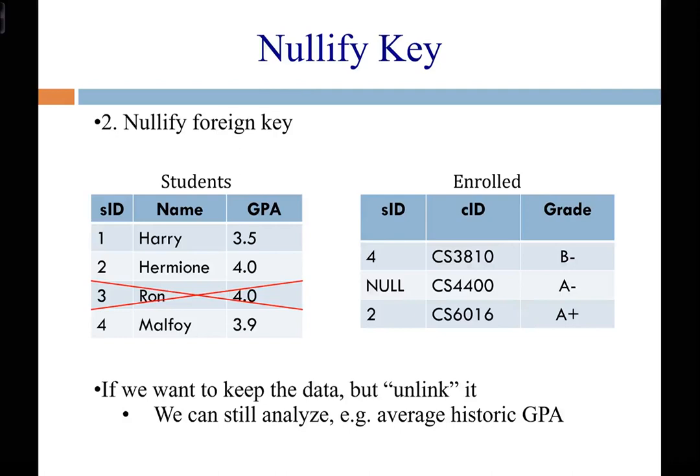We would do that if we wanted to anonymize or unlink the data, and keep it around so we can still do historical analysis of GPA, for example, not knowing who the students were, but just all of the grades earned. We don't want to delete it because the other information is still somewhat useful by itself.